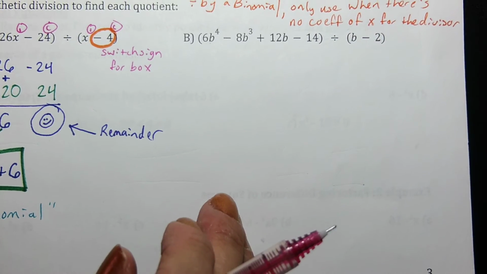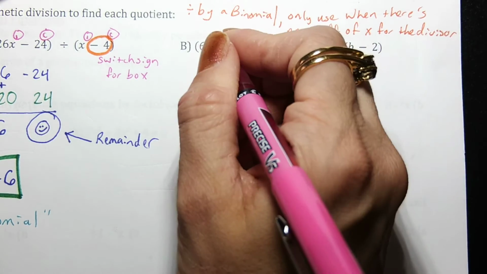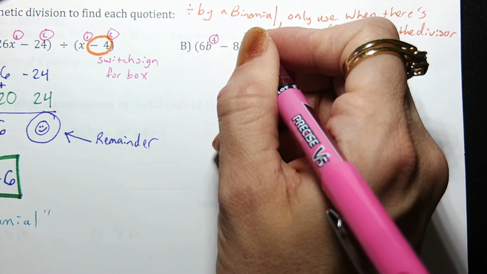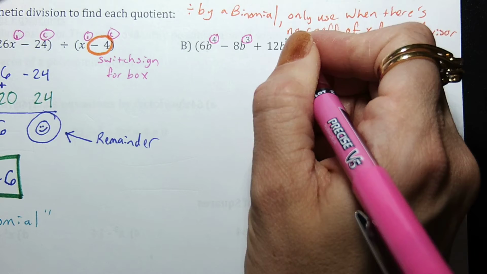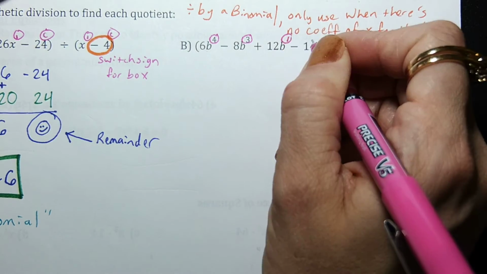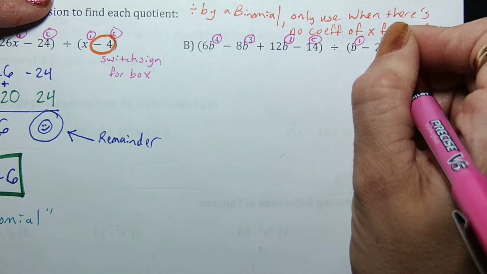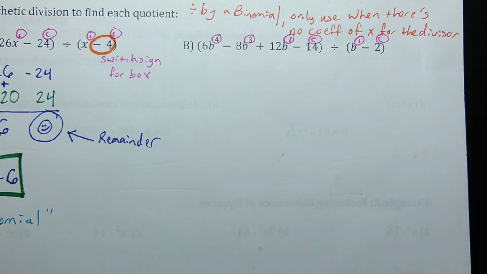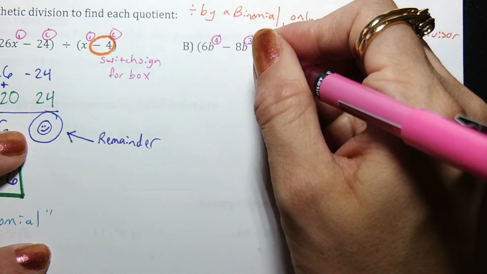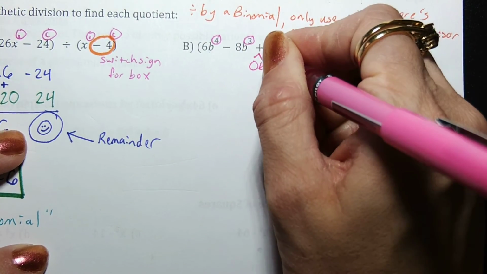First, we check for power placeholders. We go 4, 3, 1, red flag, and constant. And then our divisor, we go 1 constant. So what power are we missing? B squared. So 0b squared.